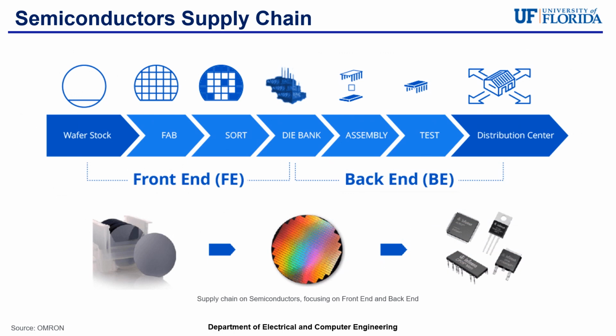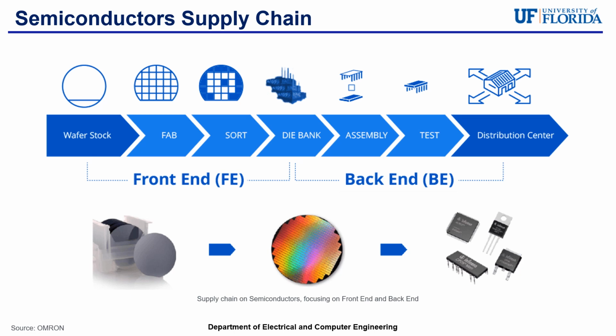Exploring the semiconductor supply chain, we'll be focusing on its two main parts, the front end and the back end. The front end is where the foundation of the semiconductor is built. It starts with the wafer stock, which are pure silicon discs, the material that semiconductors are made of. And in the fab stage, standing for fabrication, these silicon wafers are then processed using techniques that create intricate circuits on their surface.